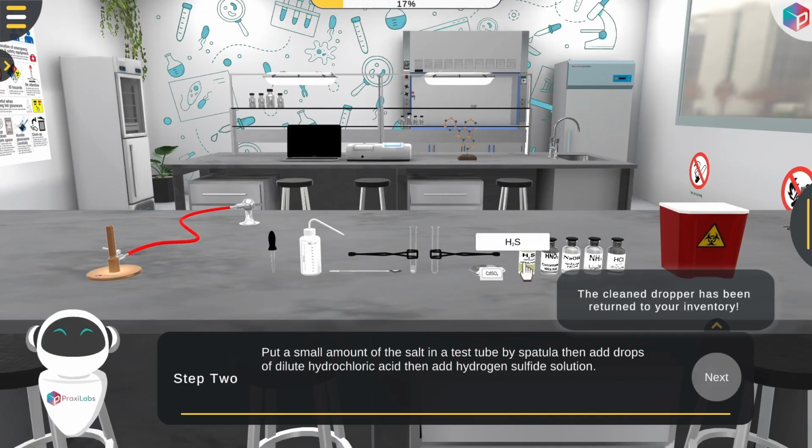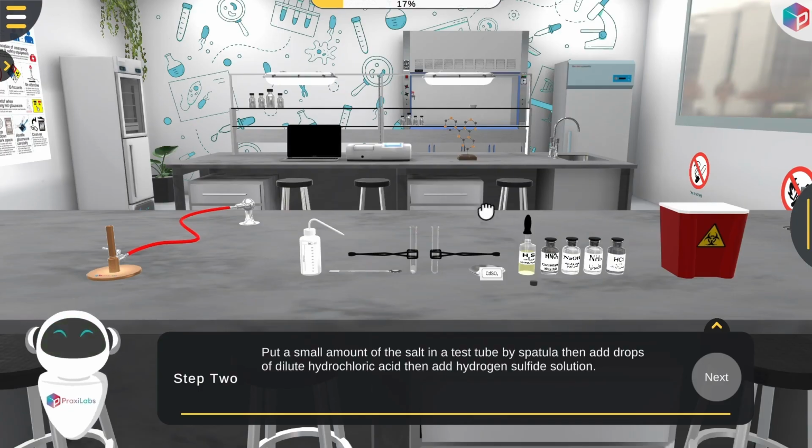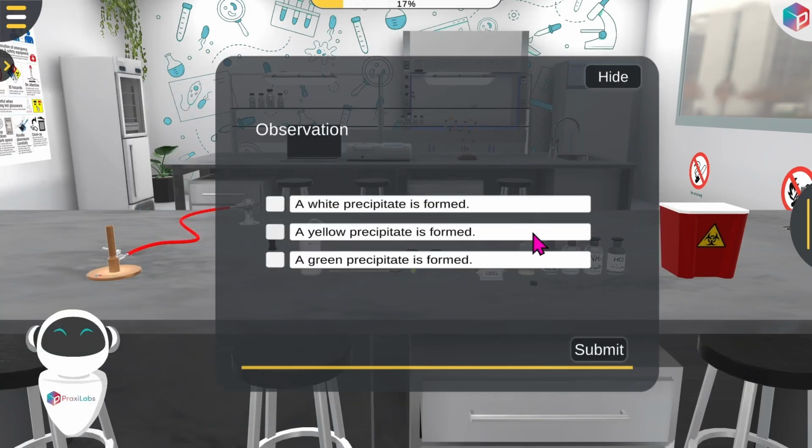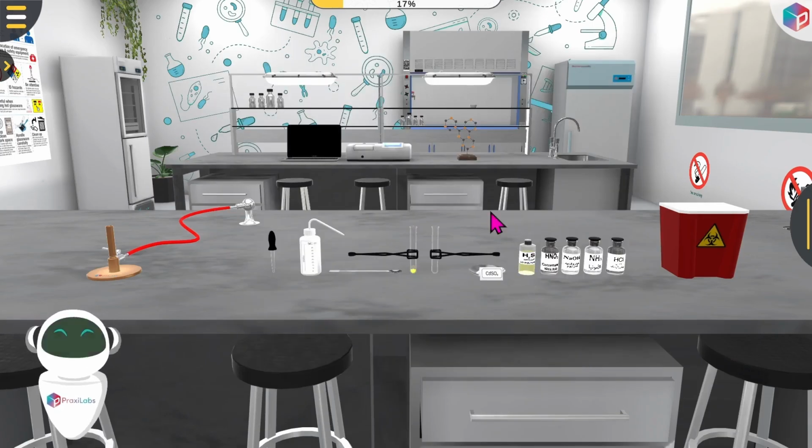Then add hydrogen sulfide solution. Observation: a yellow precipitate is formed. Don't get rid of the precipitate in the test tube, as we will use it in the next step.